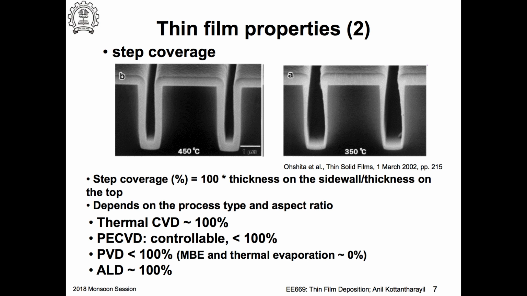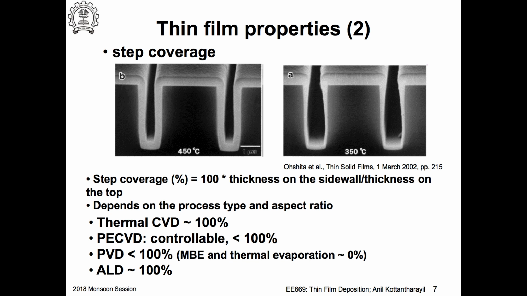Okay, step coverage. This itself suggests something to do with a step, so how it covers a step. That is what it means, but we have to quantify. What is seen here is a trench. You have a trench etched into a substrate.